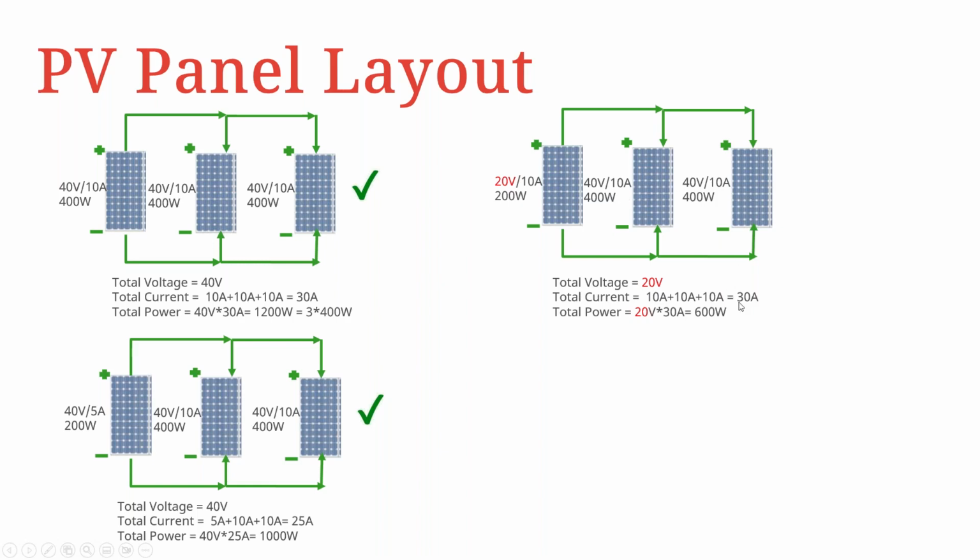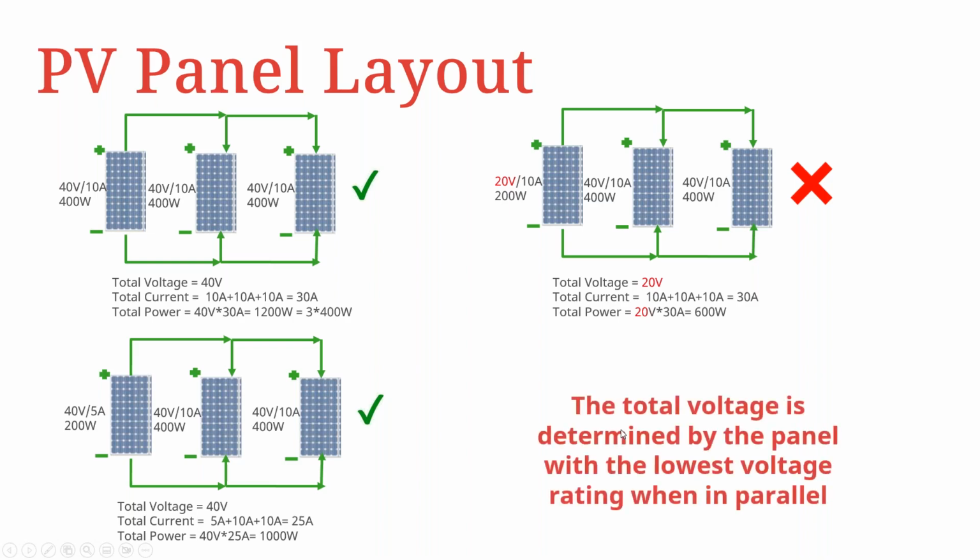So that gives us 10 plus 10 plus 10, which is 30. And then the total power will be equal to 20 times 30, which is equal to 600. As you can see, it falls short of the other illustrations as mentioned earlier. So, of course, this wouldn't be a smart choice to make.